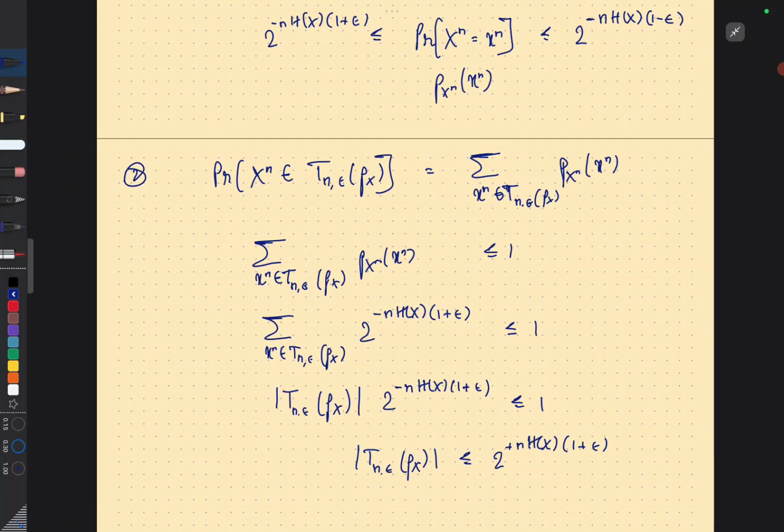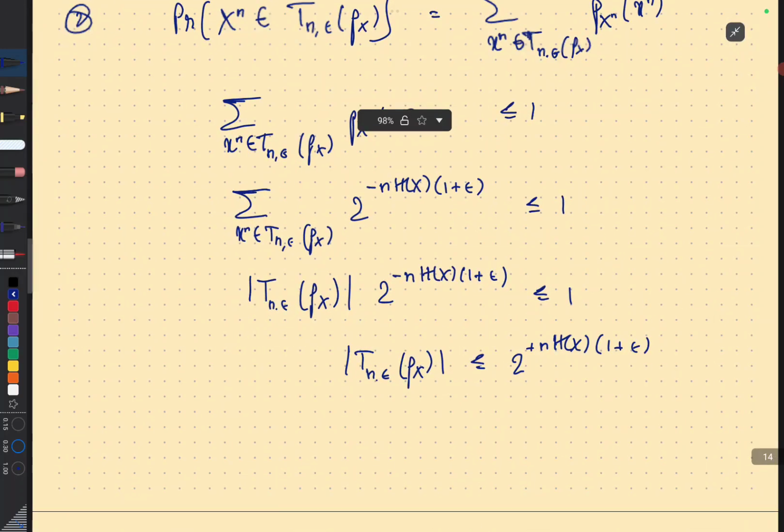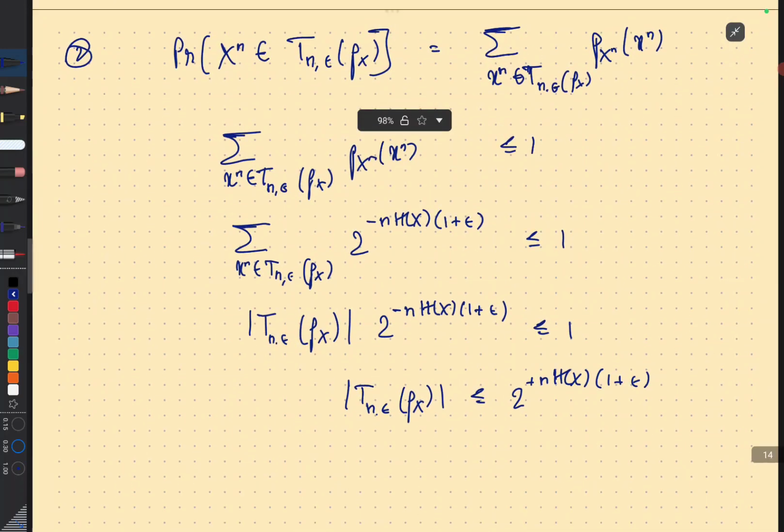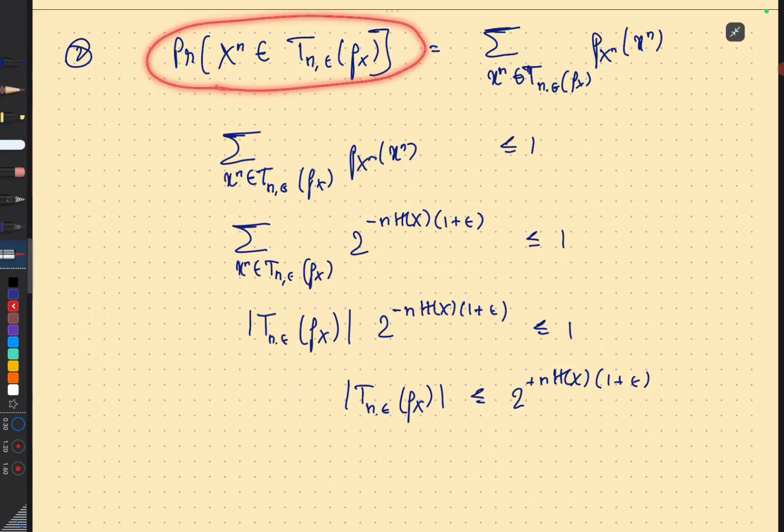All right, any questions? Okay, so let's derive a similar lower bound. Now, to derive this upper bound, what did we do? We used the fact that the probability that Xn is in the typical set is less than or equal to 1. To prove a corresponding lower bound using the same approach, all we need is a corresponding lower bound on this quantity.